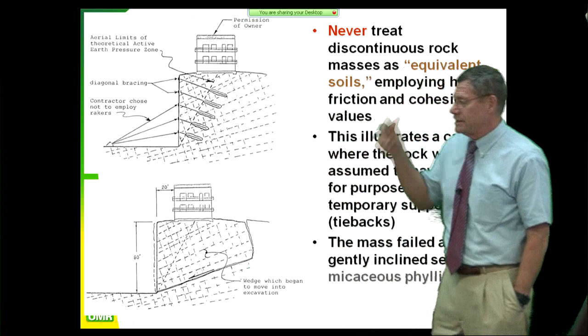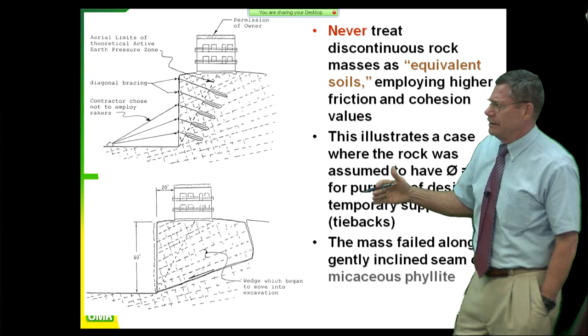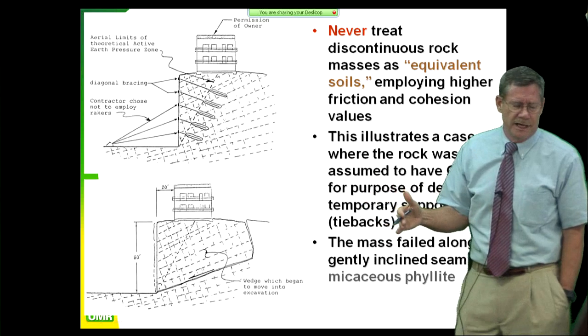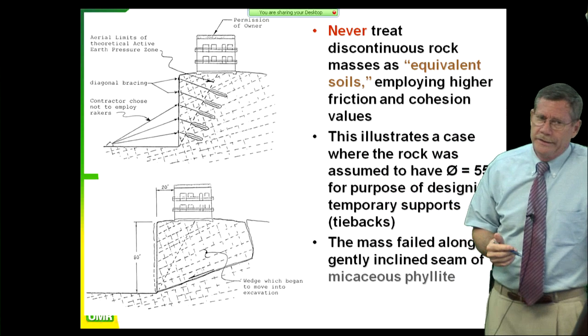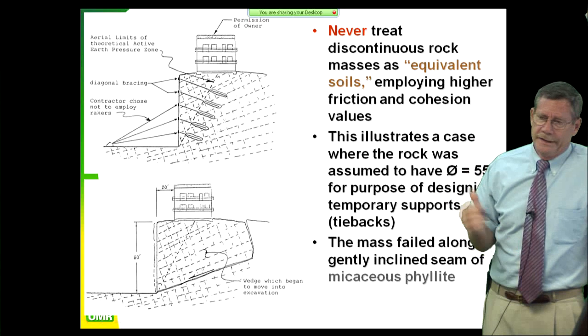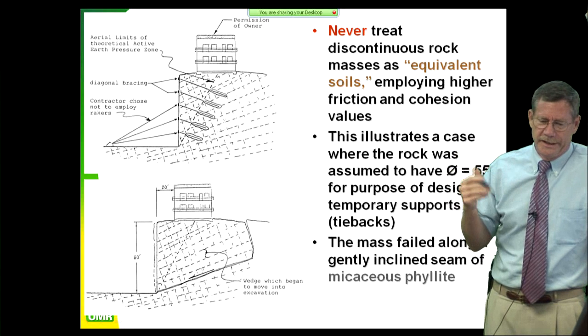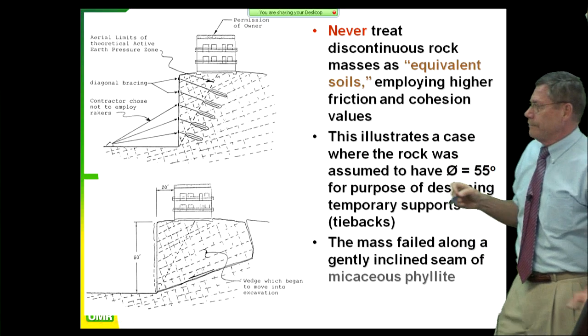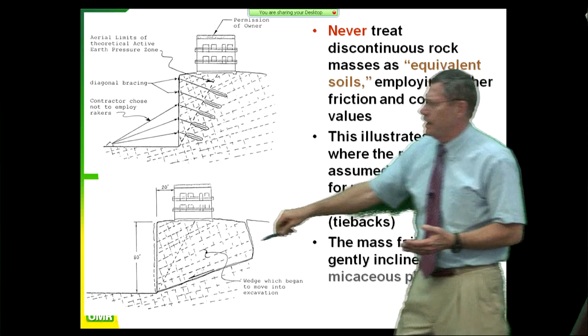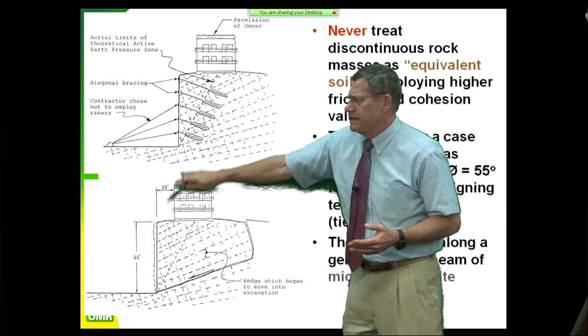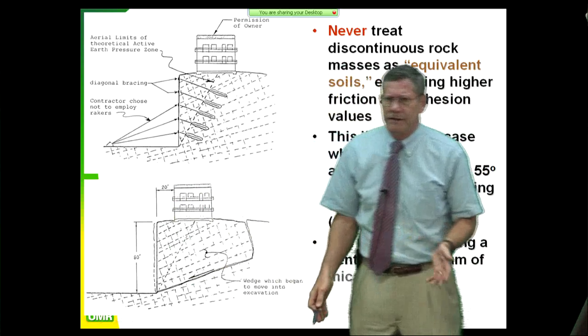You have to consider the discontinuities and the geology and get somebody on your design team who knows what they're doing. You don't play with something like this and treat it like an equivalent soil. Now, if this had been something with no consequence, just a logging road or something, and there's no $27 million building here, fine, go for it.